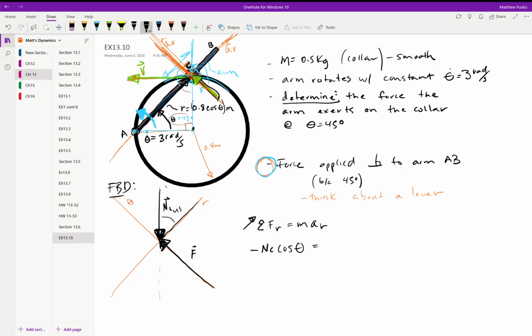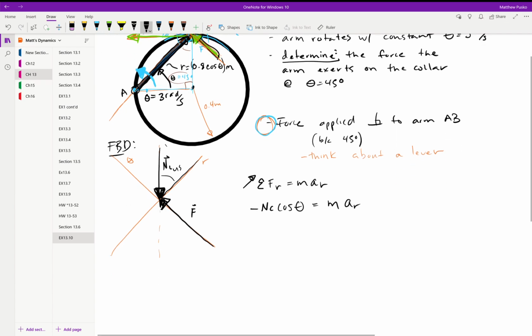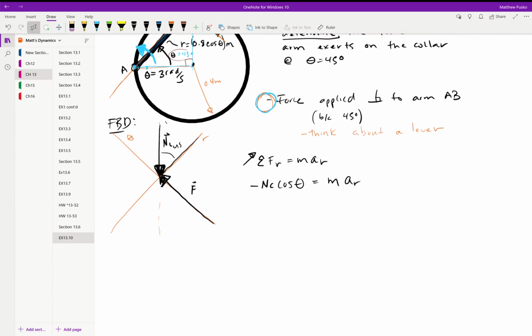And that's going to be equal to the mass times the acceleration in the radial direction. Let's call that equation number 1.